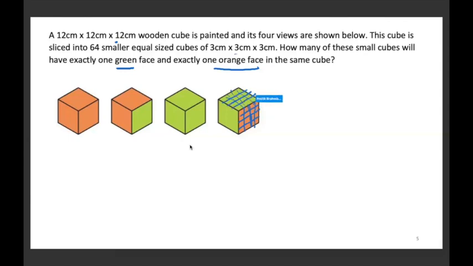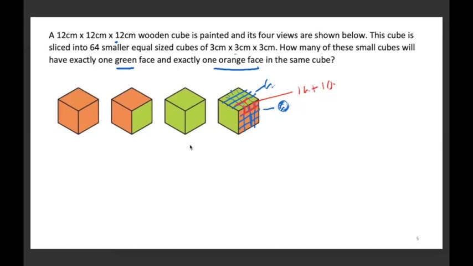What you will see is on the edge, which has one green and one orange color facade, there are only 2 cubes, these 2 cubes. One is this one and then another is the one next to it. There are only these 2 cubes which will have exactly one green plus one orange facade.